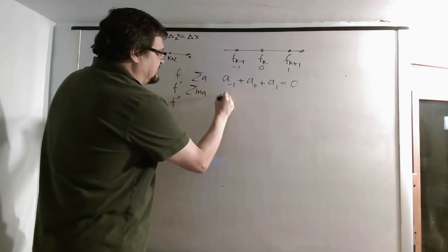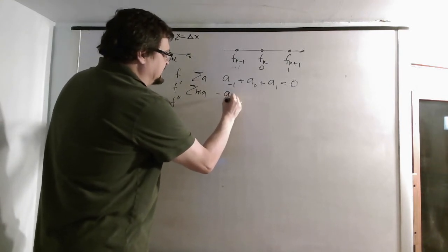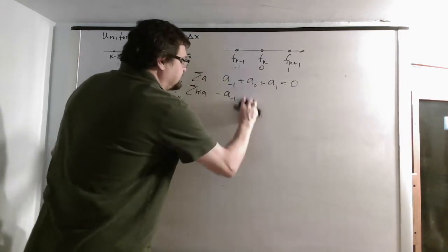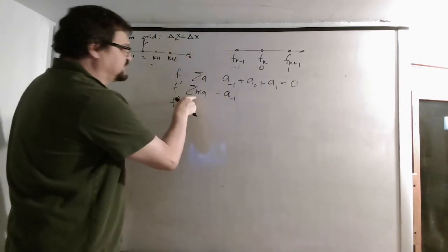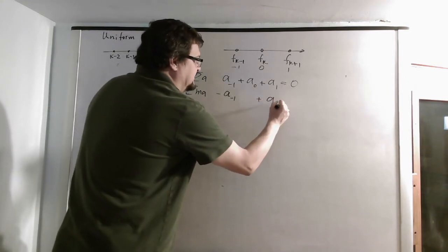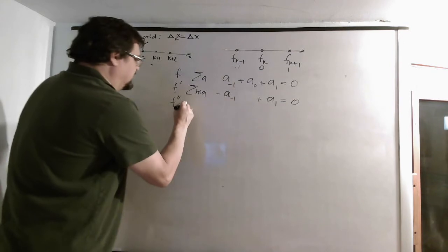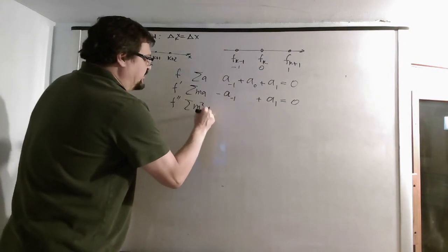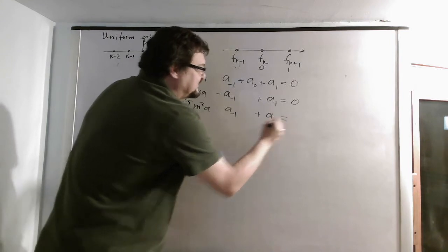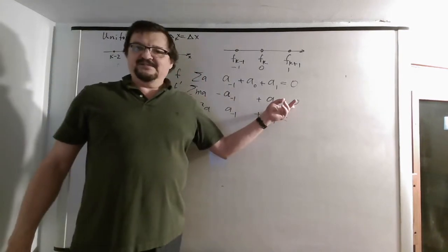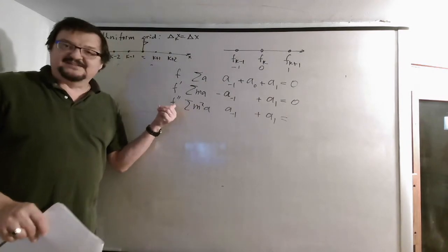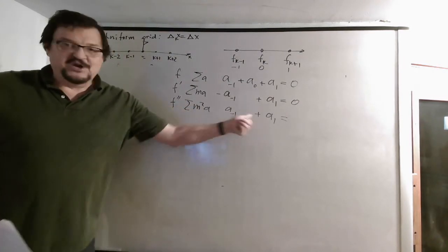So we have minus a_{-1} plus a_1 equals 0, and the a_0 term is gone because m equal to 0 for that. Now this one is m squared, so it's a_{-1} plus a_1. But this time, unlike our previous case for the first derivative, we're talking about the second derivative, so we should make this equation equal to 1.